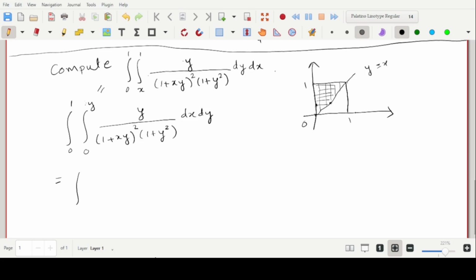Alright, so 0 to 1, inside I would write y over 1 plus y square, integral 0 to y. It is as if we are taking a constant outside the integral sign. dx over (1 plus xy) square dy.